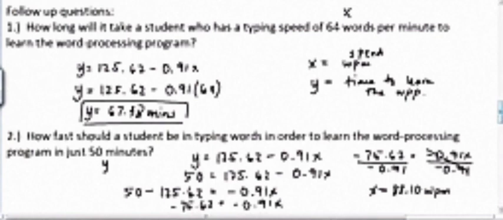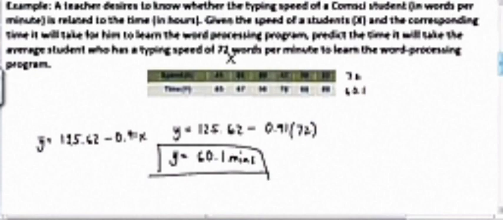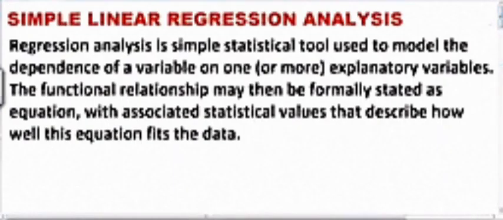So, this equation is not applicable to all problems. Only here. So, for every problem, of course, there is a different equation. You still have to compute the equation using a and b, then substitute the values of a and b into the given equation, which is y is equal to a plus bx. Okay? So, that is it for the simple linear regression.